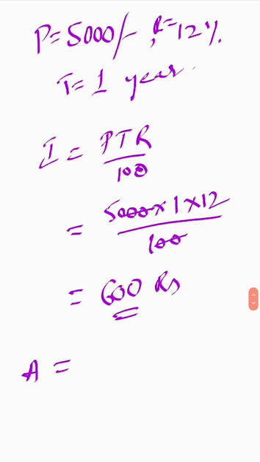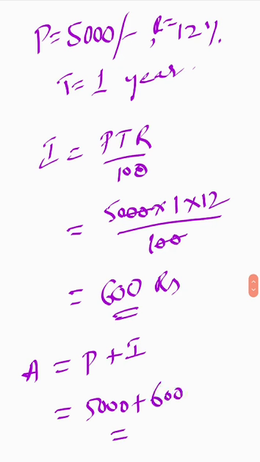So amount is equal to principal plus interest. This is another formula. If anyone asks how much total amount you have to pay after 1 year, it's principal 5,000 plus the interest 600. That means a total of 5,600 rupees she has to pay to the bank.